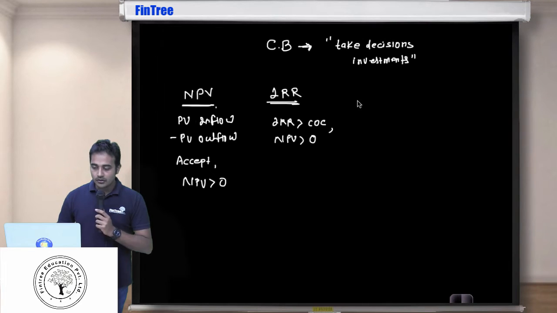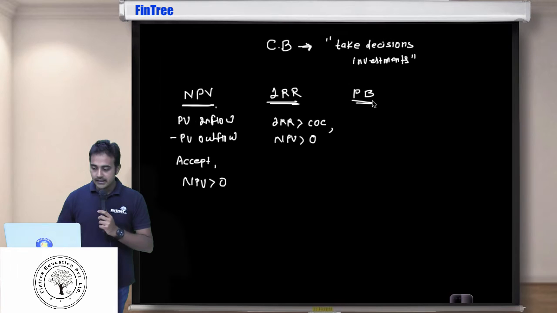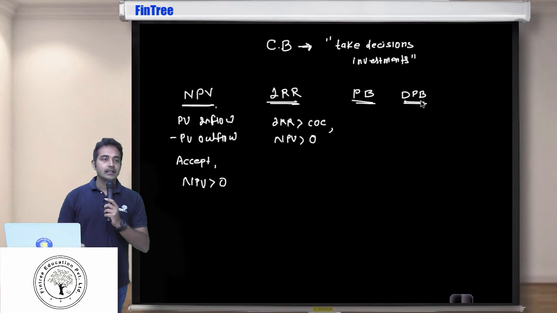Then we also looked at payback period, the time taken to recover your initial investment. And discounted payback: again the time taken to recover investment, but considering time value of money.